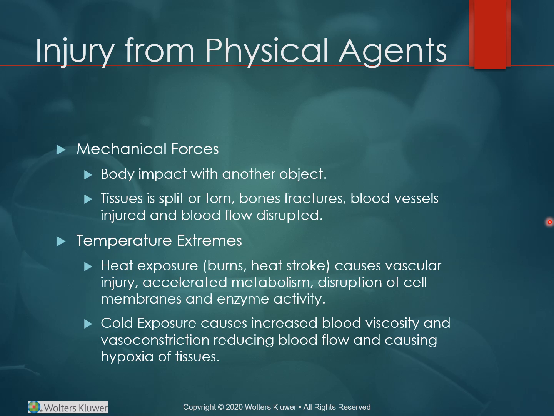So cell death can start to happen from that increased metabolism as we run out of nutrients and energy to sustain it. It can cause disruption of the cell membrane. If the cell membrane is disrupted, broken, that cell cannot survive. It can also change enzyme activities within the cells.